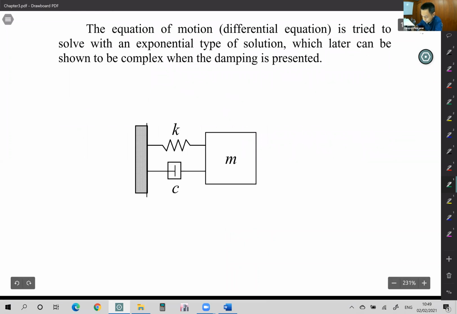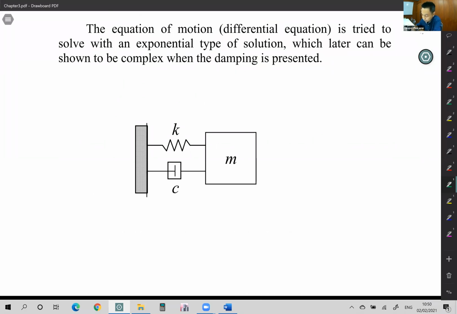Okay, and this might be one of the physical models of equation number one. You can imagine you have the mass M connected with the spring K and the dashpot C to a fixed support.